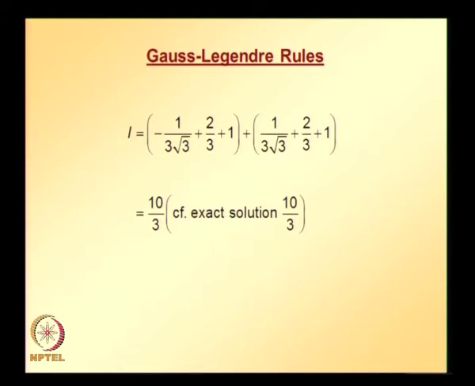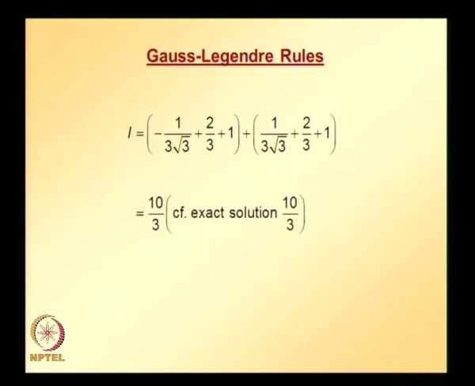So what we can learn from this is, if we adopt the Gauss-Legendre rule, a Gauss-Legendre rule of n points can integrate a function of order 2n minus 1 exactly.